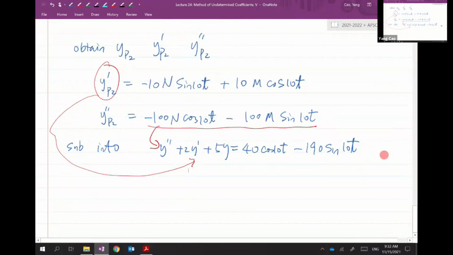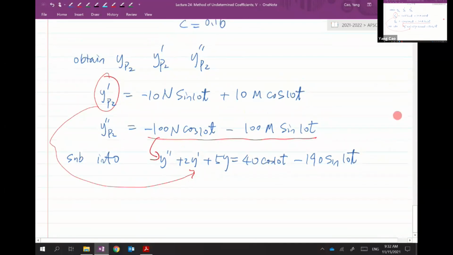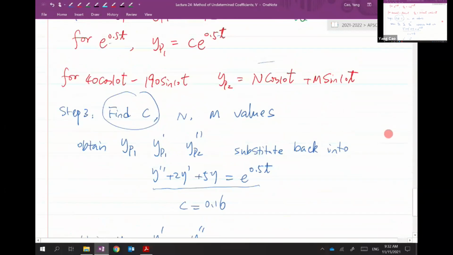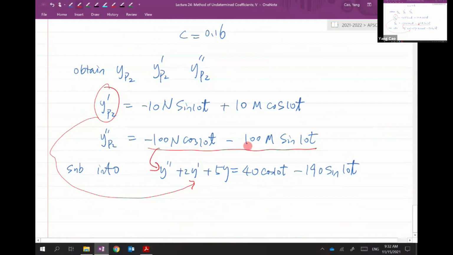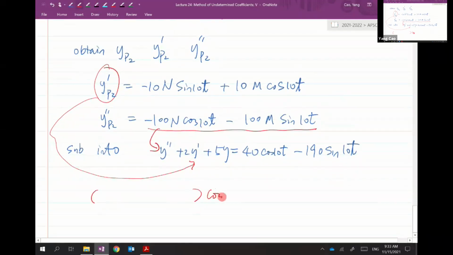But before you do the substitution, let's have a bigger picture. So here's your YP, and here is your YP prime. Here's YP2 double prime. So when you substitute everything into the left side, your idea is to group similar terms. What I mean by similar terms is that you look at each term, you have sine 10t, cosine 10t. So at the end, after substitution, you should group all of the terms associated with cosine 10t together, and all of the terms associated with sine 10t together, right?